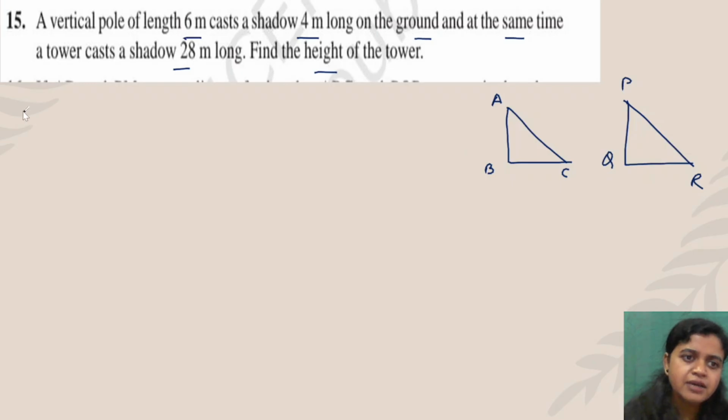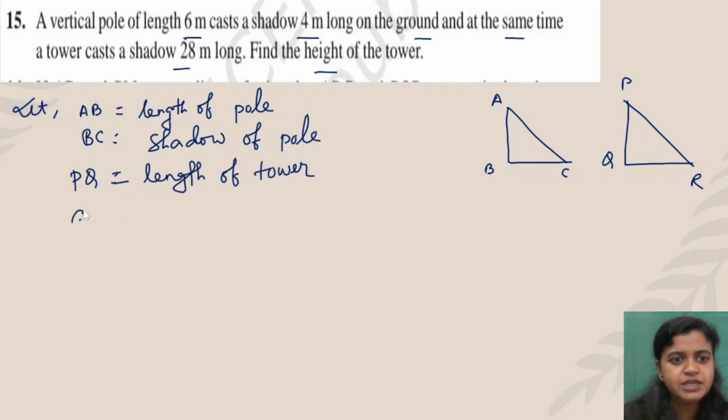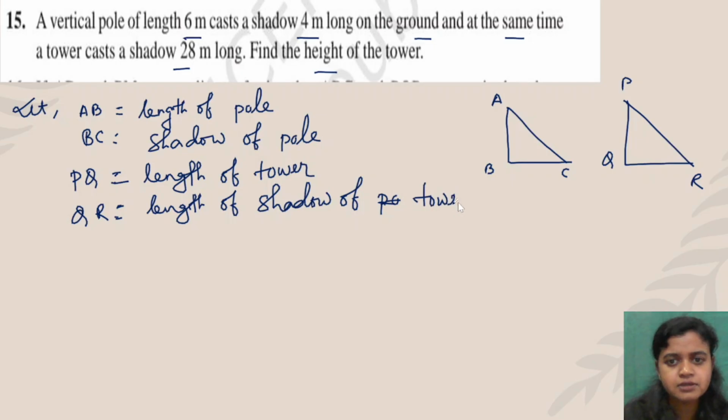You can mention here, let AB equal the length of the pole, BC equal the length of the shadow of the pole, PQ equal the length of the tower, and QR equal the length of the shadow of the tower.